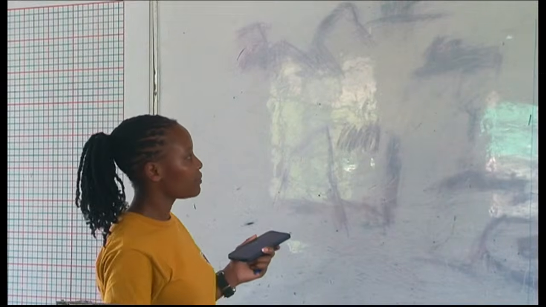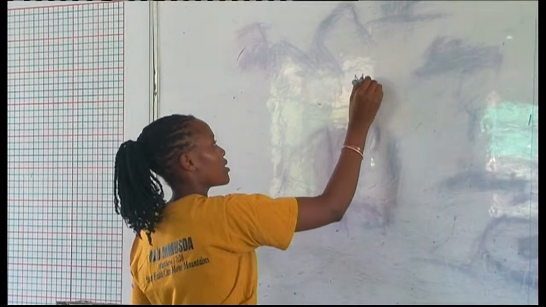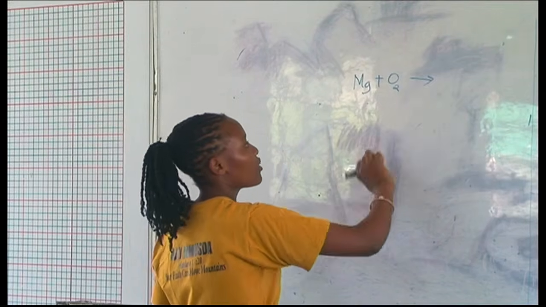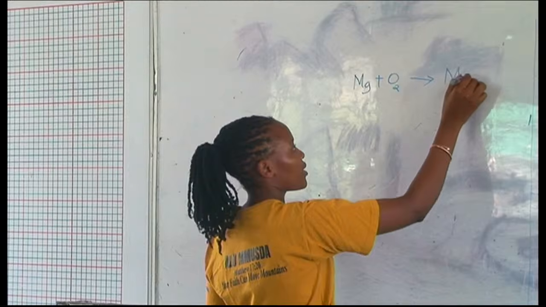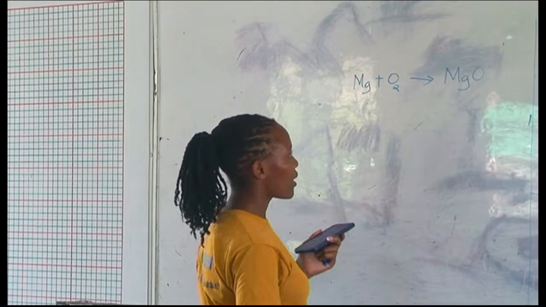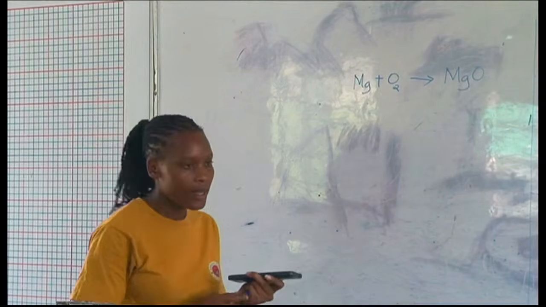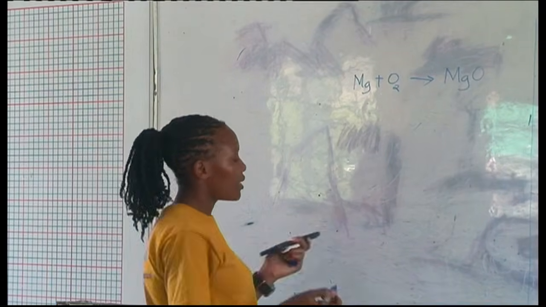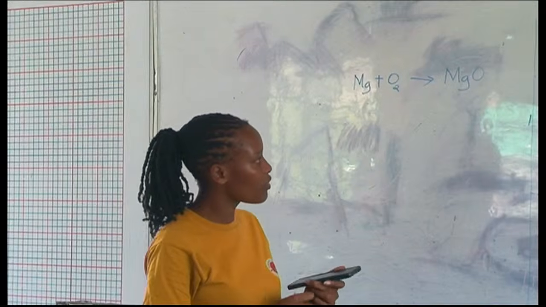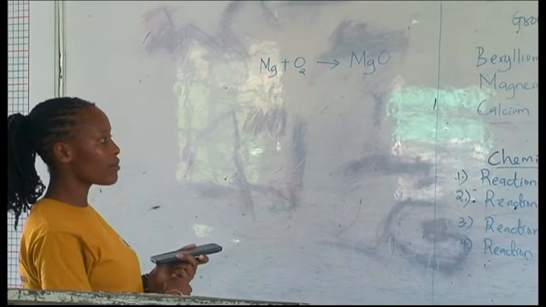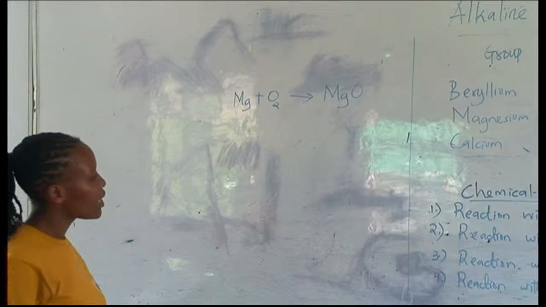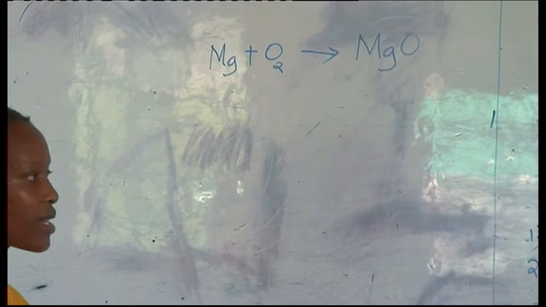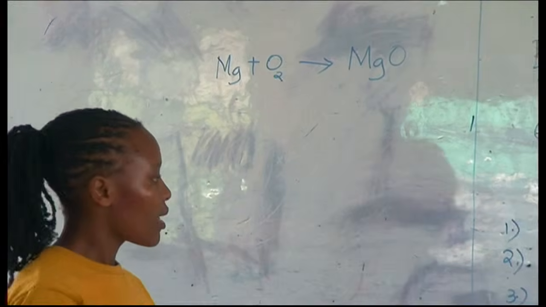For instance, when you burn magnesium in oxygen, it forms magnesium oxide. Calcium, on the other hand, when burnt in oxygen, also forms its oxide. Therefore, we can collectively say that group 2 elements react with oxygen to form their respective oxides.